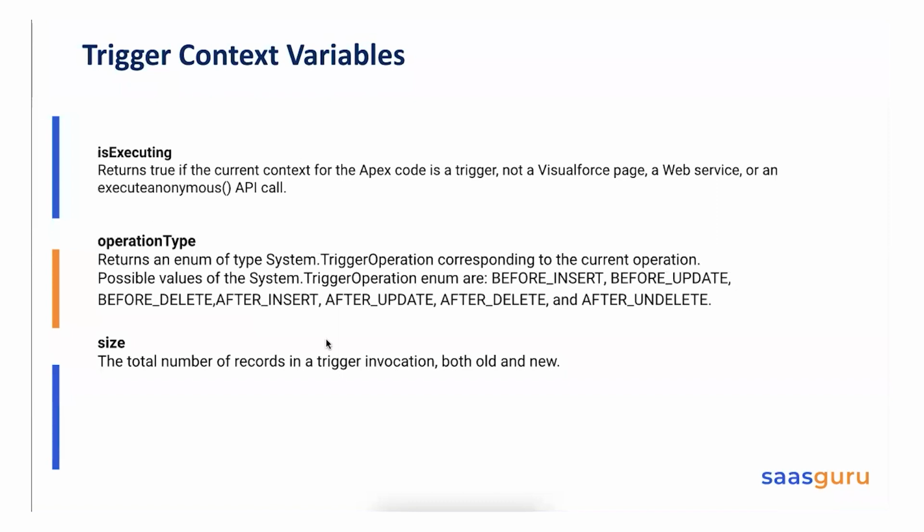What I suggest is that you go to the trigger, print trigger.operation type, and check the value in the debug log. Based on this, you can differentiate your logic. Size is, of course, the total number of records, on the old and on the new. Size is very specific to list size here. You can use this size context variable there.